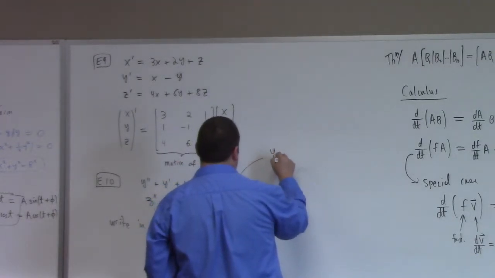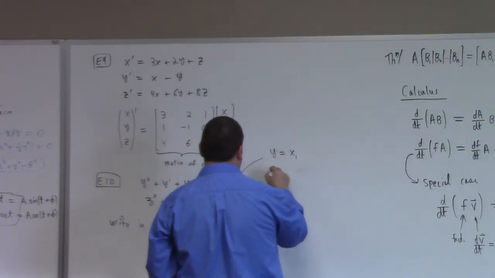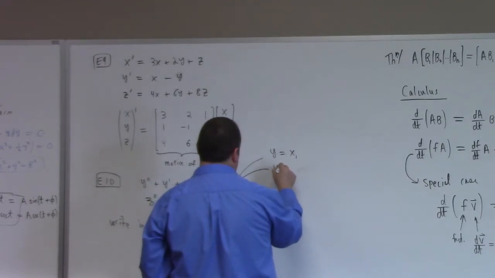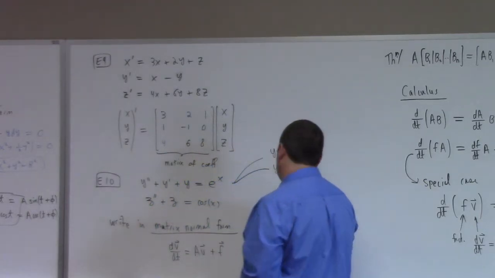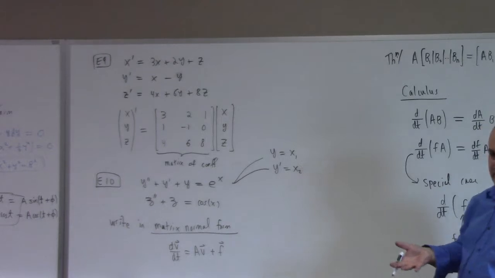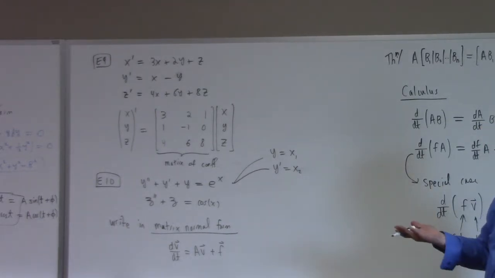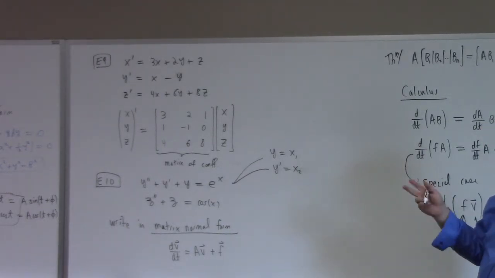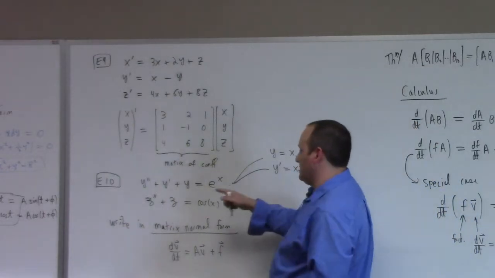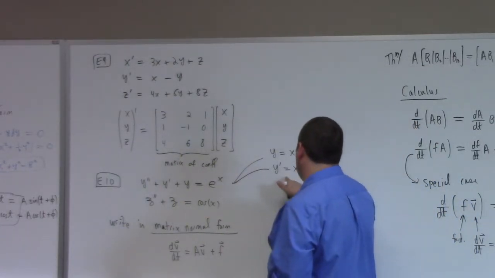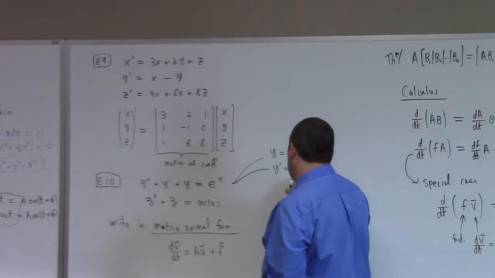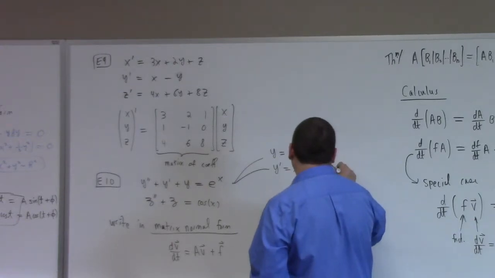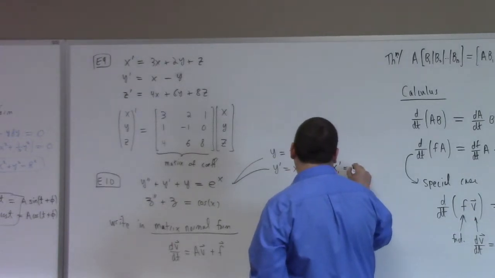We say y equals x1. We say y prime equals x2. That reduction of order trades this second-order differential equation for two first-order ones. If y is equal to x1, what's y prime? Well, y prime is x2, but it's also x1 prime, so x1 prime equals x2.